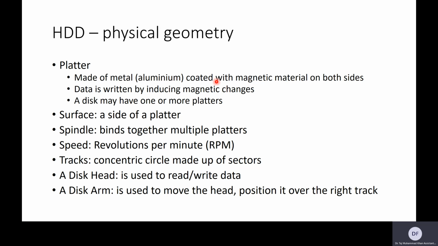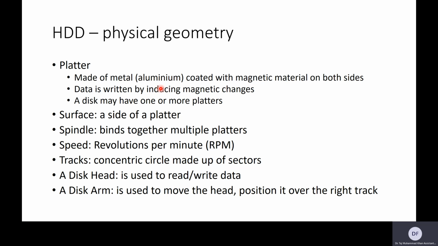That magnetic material is basically used to store data. Okay, so we use the magnetic properties of that material to store different bits inside that material, and once we have written data to that magnetic material, it will keep its internal structure to store that data even when there is no power.